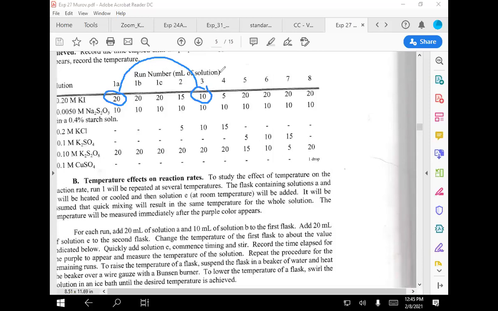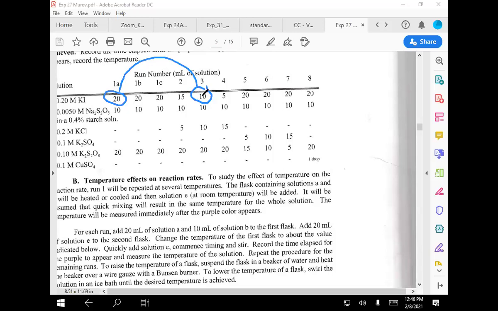Wait, I thought the 20 and 10 was the volume of the solution. It is the volume. If you have more volume, you have more iodide. The volume tells you how much you have. So if we look at the volume in test tube 3, we have 10 milliliters of the 0.2 molar iodide. Wait, so wouldn't the moles increase?